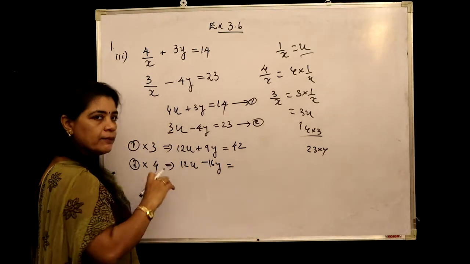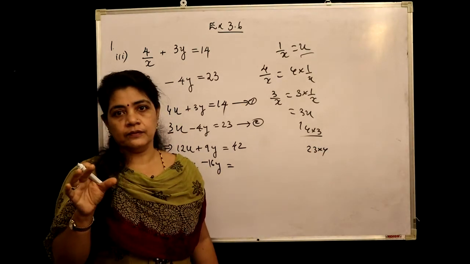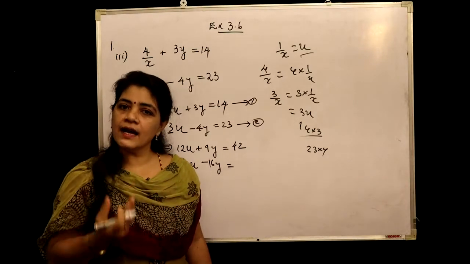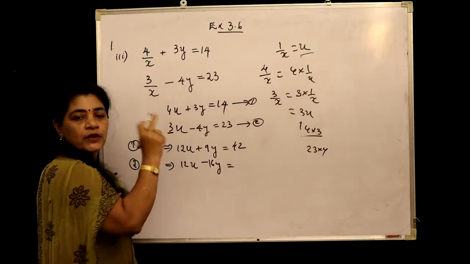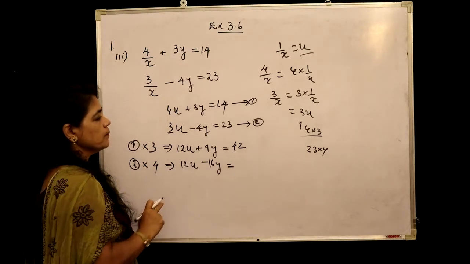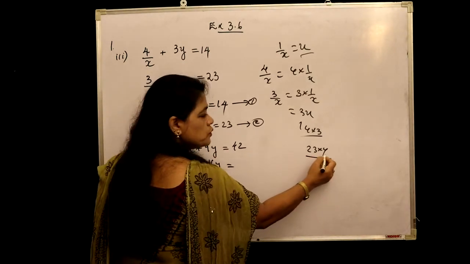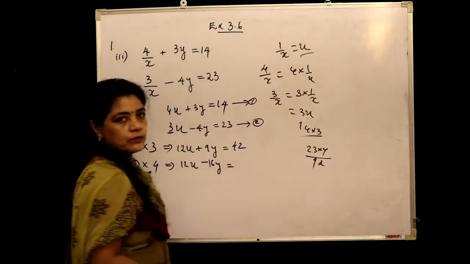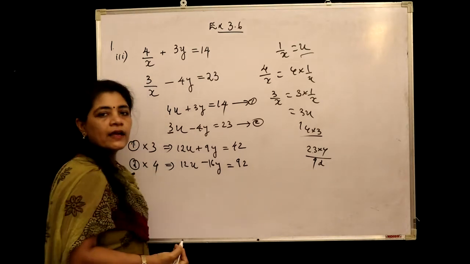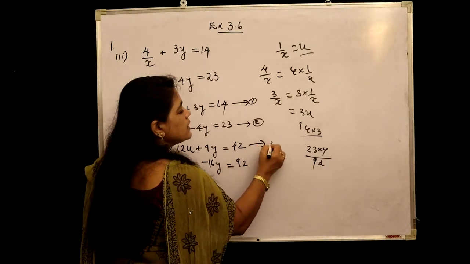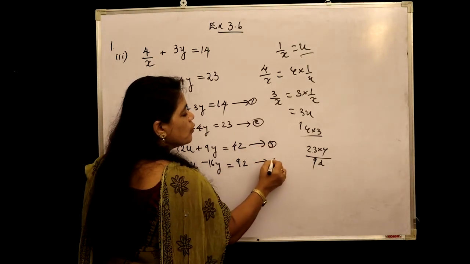We have to multiply each term, that is both LHS and RHS with the number 4, the coefficient of u in the first equation. Understood? That is 12, 1 carry, 92. 4 2s are 8 plus 1, 92. Let it be equation 3 and equation 4.